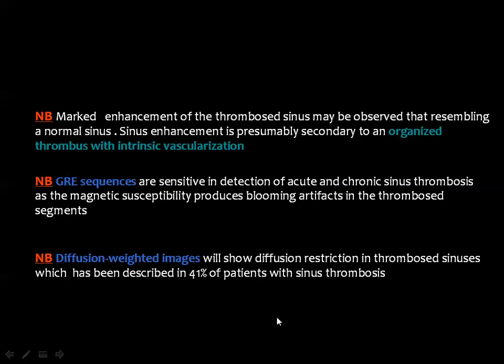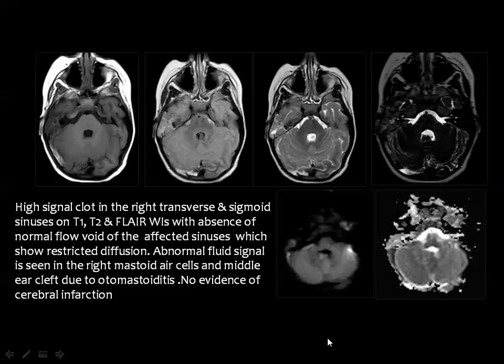And in the literature, it is also reported that diffusion weighted images can be helpful for diagnosis of sinus thrombosis. But I think that if you have a good quality examination, you can appreciate the presence of the thrombus very easily, especially if you supported your exam by the MR venogram.